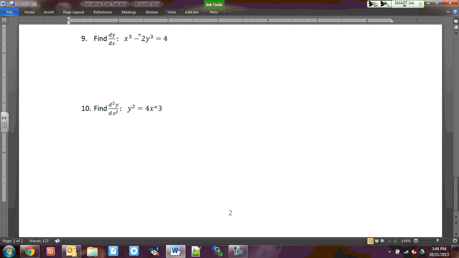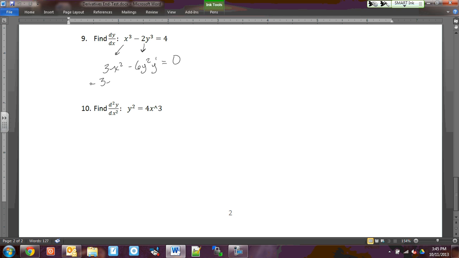So remember, all you do is you take the derivative like you normally would. X cubed would go to 3x squared, minus 2y cubed would be 6y squared. Don't forget to add the y prime because this is a y term, not an x term. And this is going to equal 0 because the derivative of 4 is nothing.